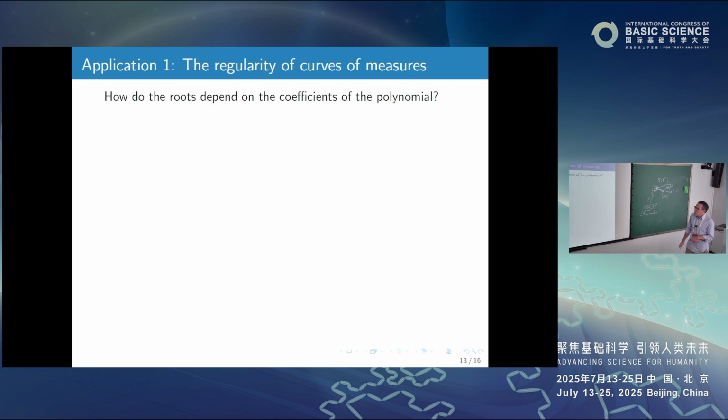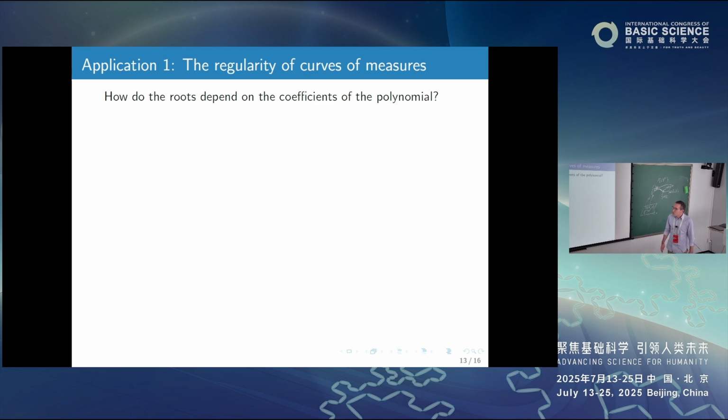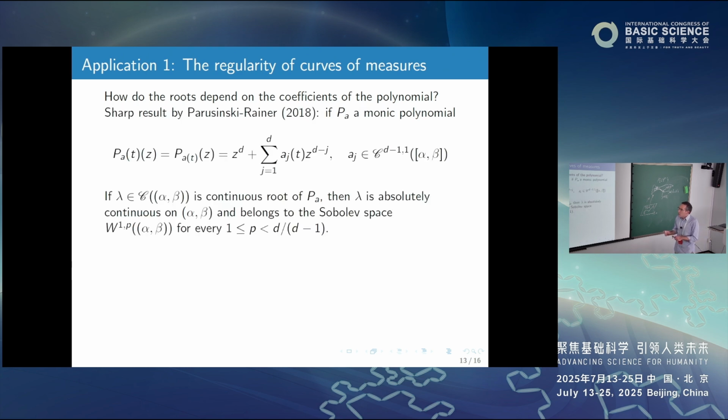Okay, so a couple of applications. Maybe I have time just for the second one. So briefly, I will not go through the details. The first one is that there was a certain amount of effort to understand the relation between regularity: say you pick a family of polynomials whose coefficients depend on a function of time, with a certain regularity.